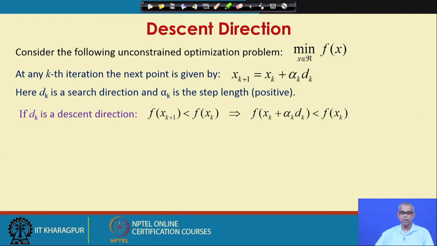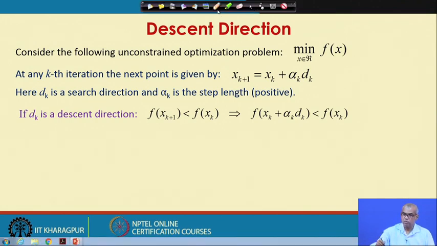So, f of x_{k+1} is less than f of x_k. Now, x_{k+1} is x_k plus alpha_k d_k, so you can also say f of x_k plus alpha_k d_k is less than f of x_k.